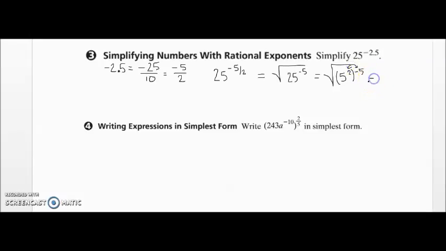So this is going to become the square root of 5 to the negative 5 squared. See, all I did was switch the 2 and the negative 5. 2 times negative 5 is negative 10. Negative 5 times 2 is still negative 10. But the reason I do this is now this square and this square root cancel each other out, and I'm left with 5 to the negative 5.